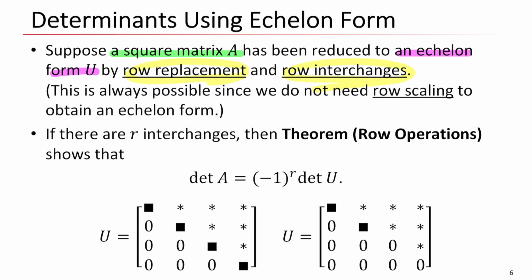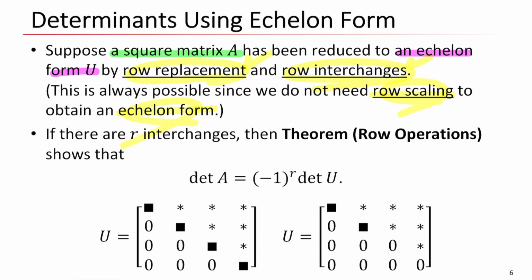Actually, this is always possible since we do not need row scaling to obtain the echelon form. If we want to obtain the reduced echelon form, we have to use row scaling. But by only using these two operations, we can obtain the echelon form.